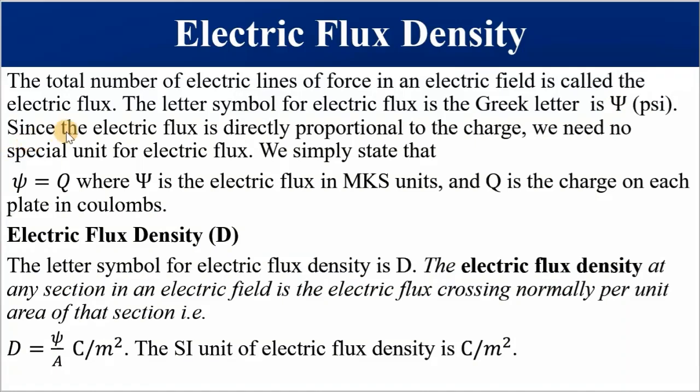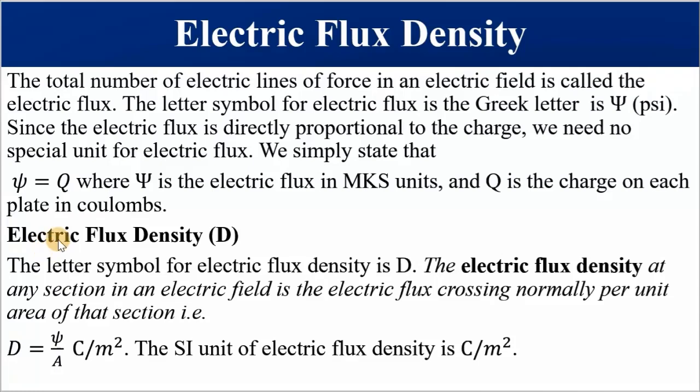Since the electric flux is directly proportional to the charge, we need no special unit for electric flux, and we simply state that electric flux is equal to charge, where psi is the electric flux and Q is the charge on each plate. We are now looking at flux per unit area.